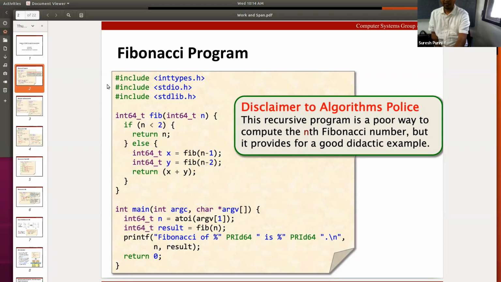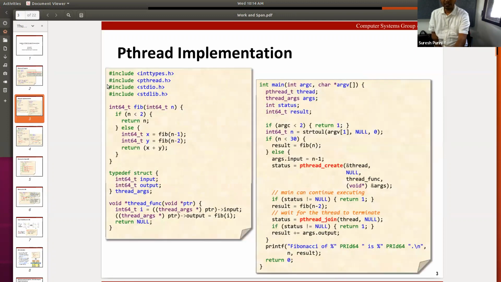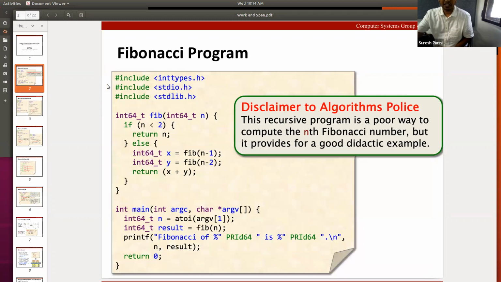But the good thing about this code is it is easily parallelizable. If you think about it, Fibonacci n is: you compute Fibonacci n minus 1 and you compute Fibonacci n minus 2.